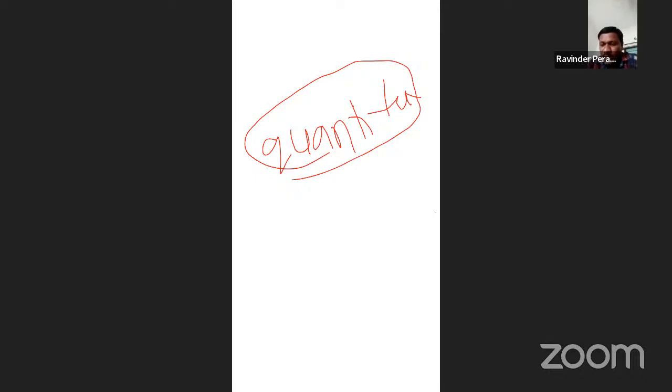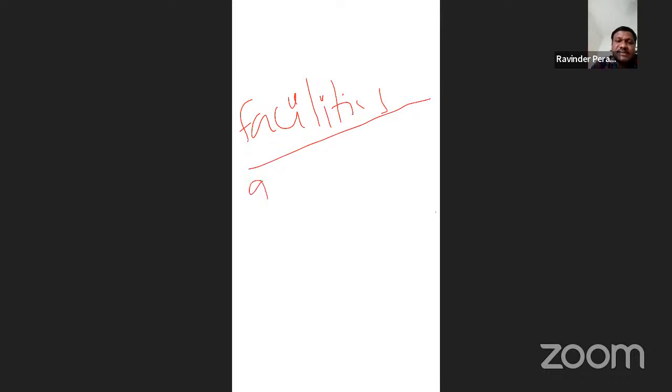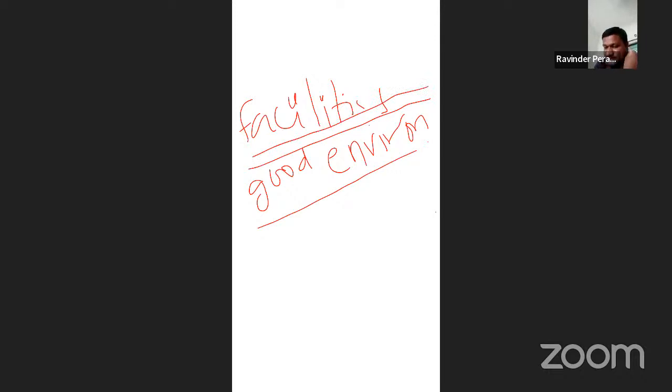people. Okay. So the grainage center should have some qualities. It should maintain some characters. First one is it should have proper facilities. Grainage center should have proper facilities and good environmental conditions, and it should have all the facilities.